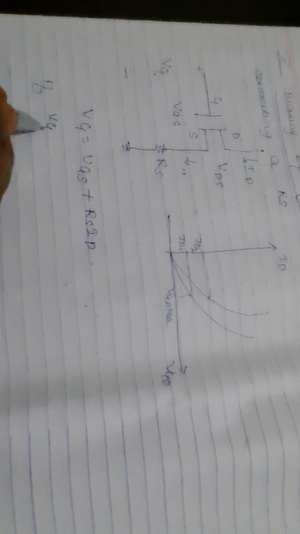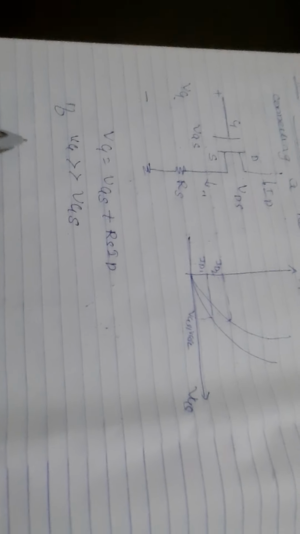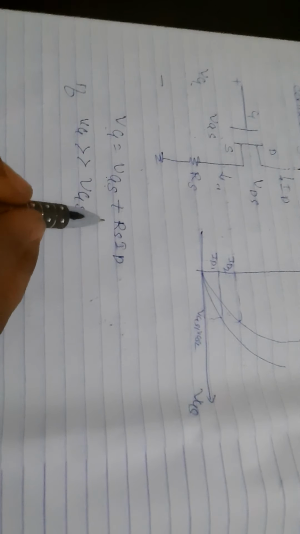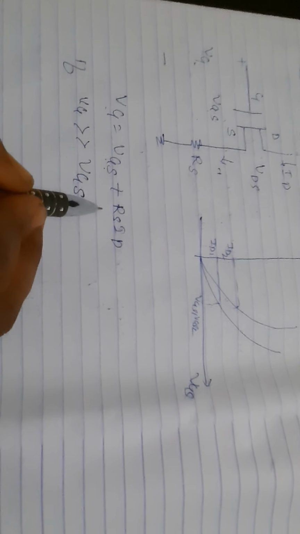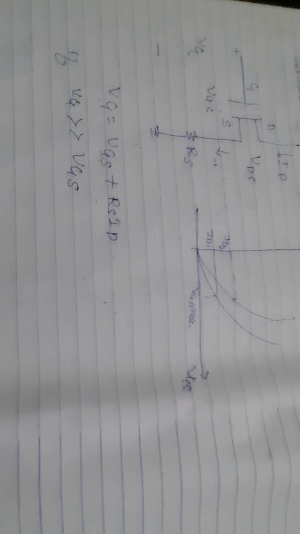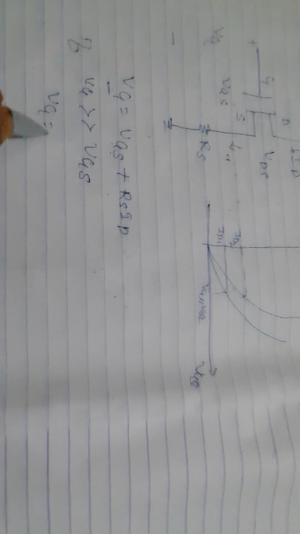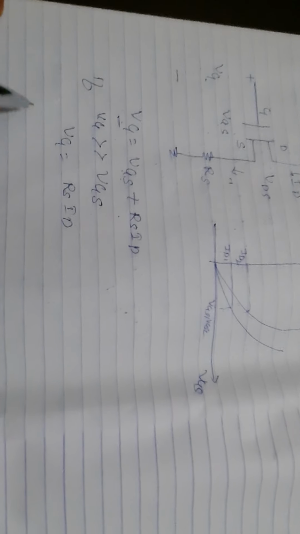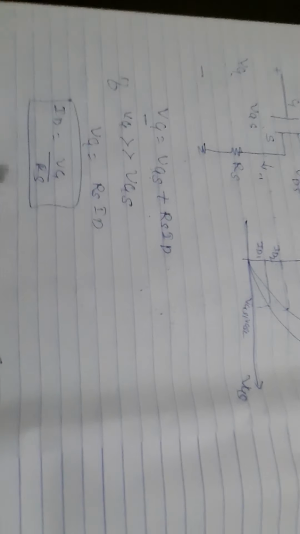If VG is much greater than VGS, then ID will be mostly determined by the values of VG and RS, because I can neglect VGS and have VG equal to RS into ID. Then to determine ID, I can write VG by RS. This is sufficient to find the drain current.